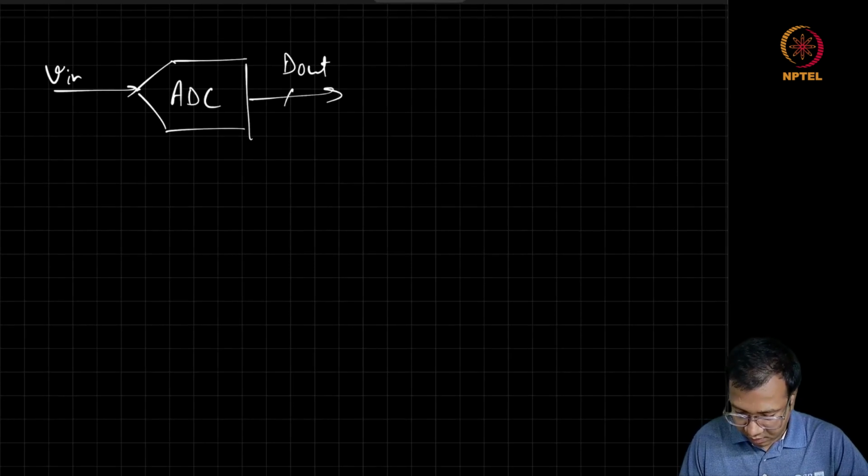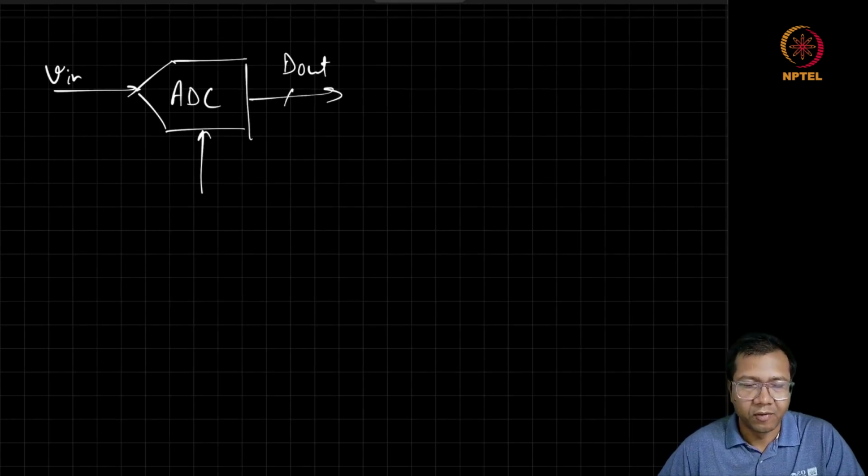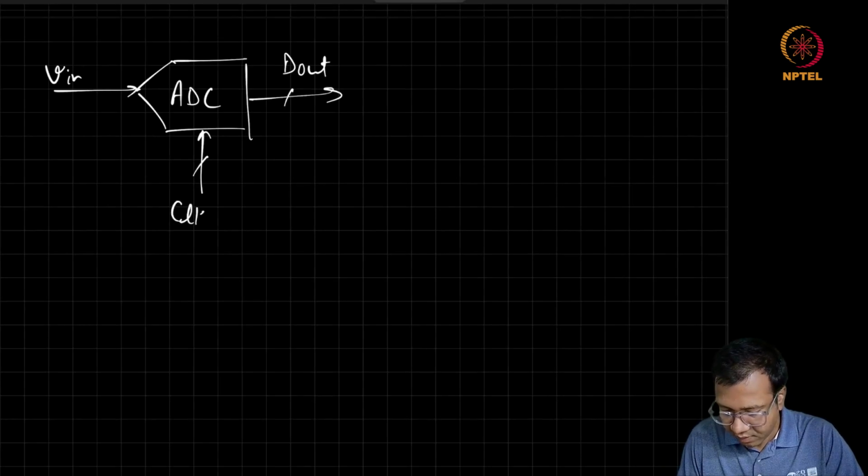There is another clock input which is always present in an ADC. This clock input tells the ADC at what time instance the input signal needs to be sampled, and then later on it is going to be quantized. So this clock signal is always a periodic signal.